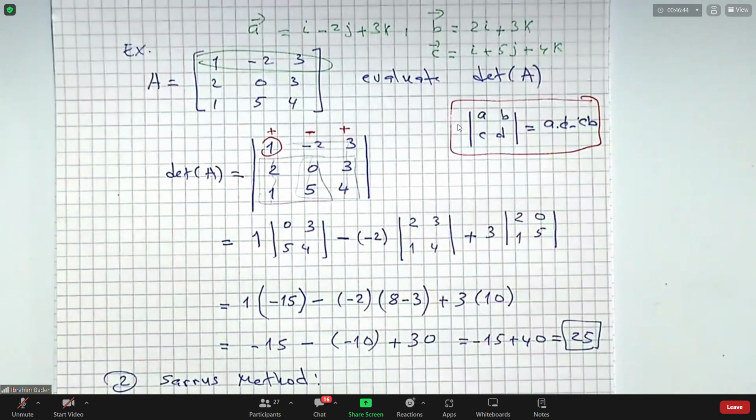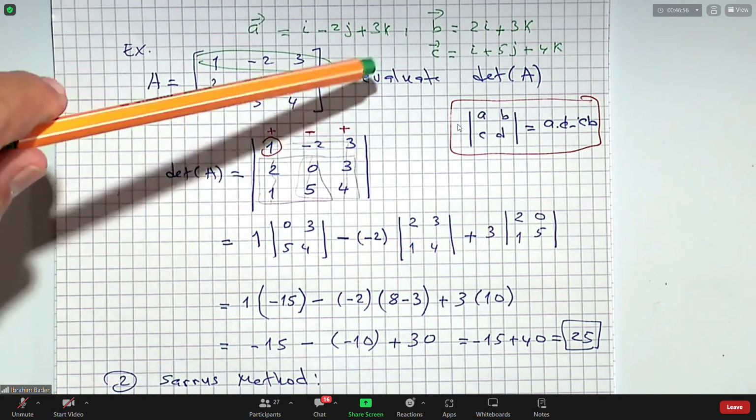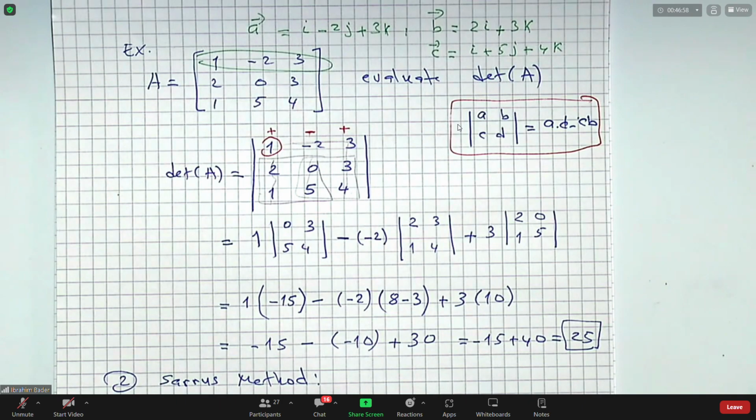With this interpretation of the 3 rows as 3 vectors, we ended up with the determinant equal to 25, which is not equal to 0. This tells us that these vectors are not linearly dependent. They are linearly independent, which is actually obvious.